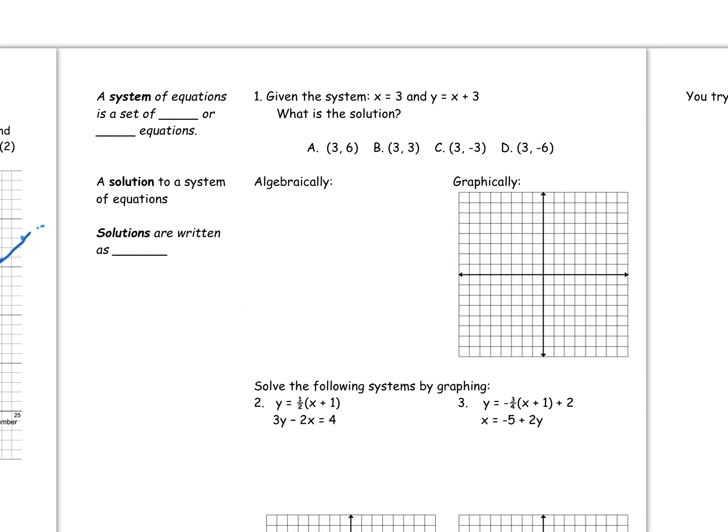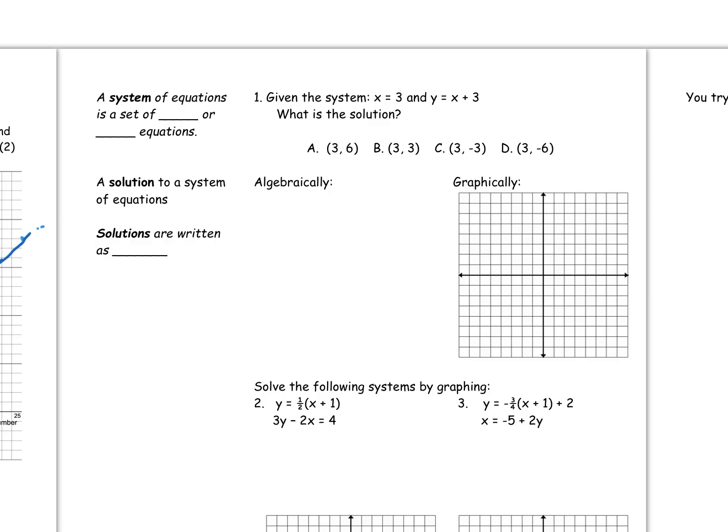A system of equations is a set of blank or blank equations. What do we think? What goes in our blanks? Oh, it's a good thought. Like it? That's not it. A system of equations is a set of blank or blank equations.